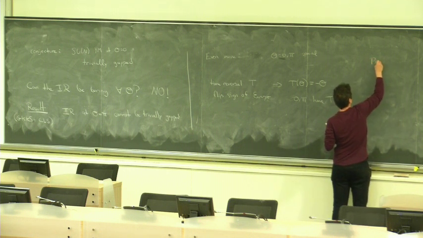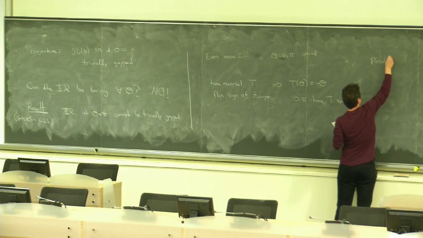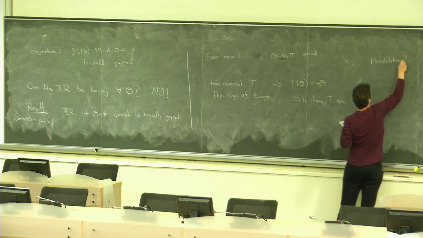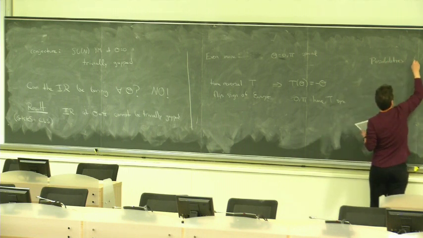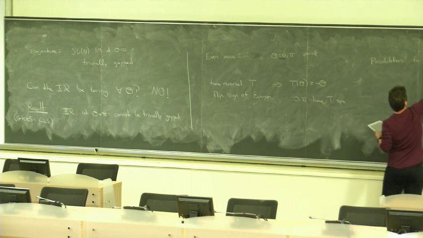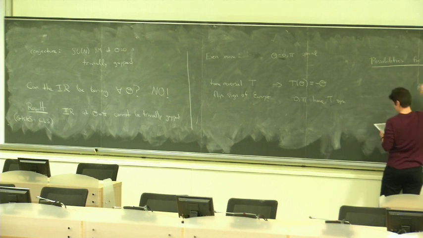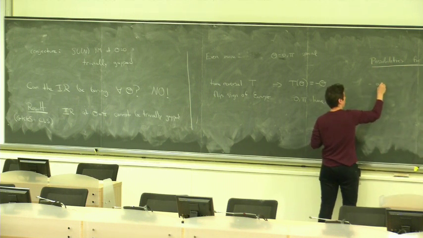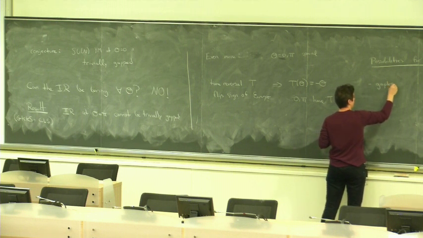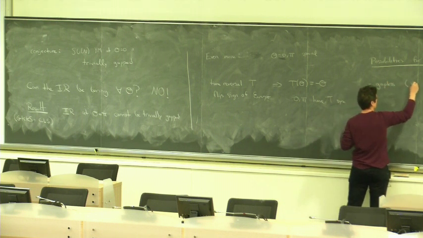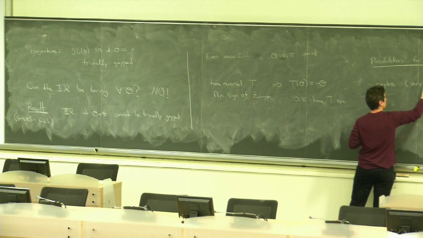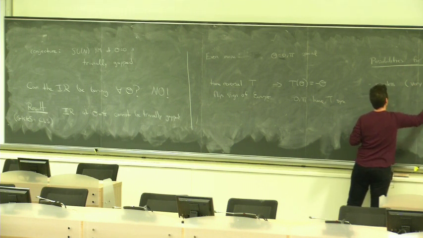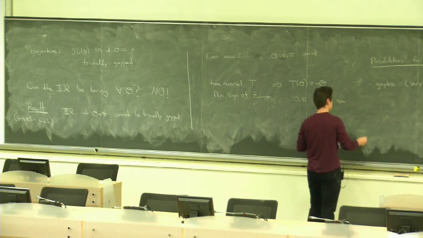So, possibilities for theta equals pi. Okay, so the first, as in our general discussion, is that it could be gapless. And this would be, as I said before, very exotic. So let's ignore that momentarily.